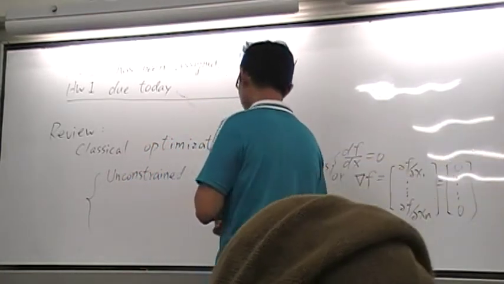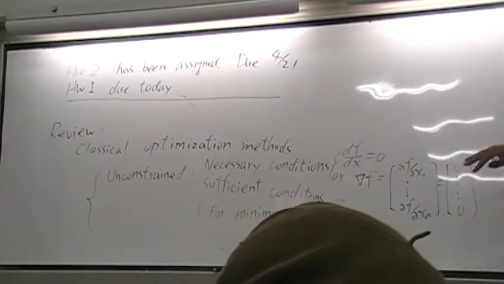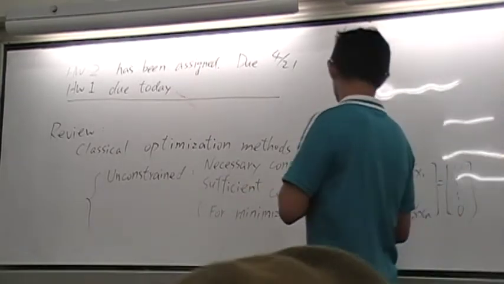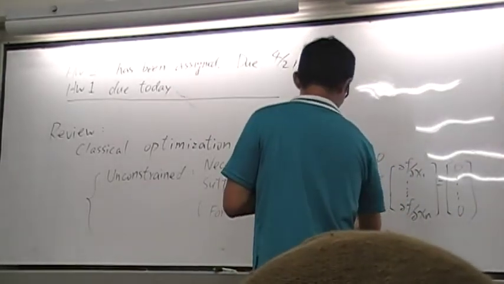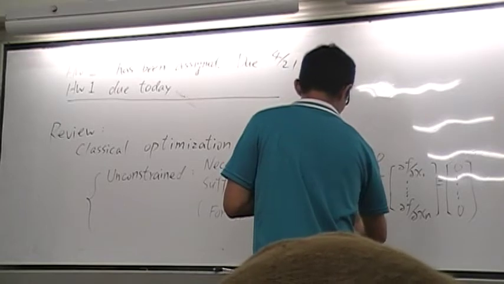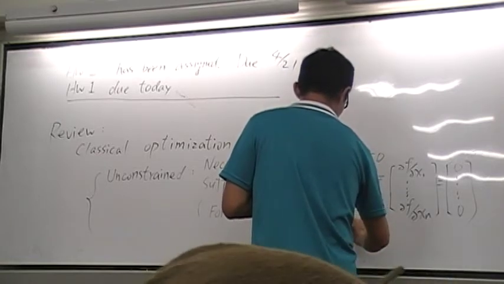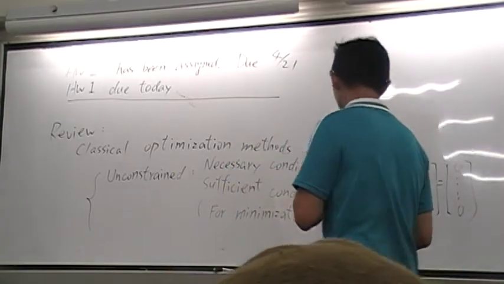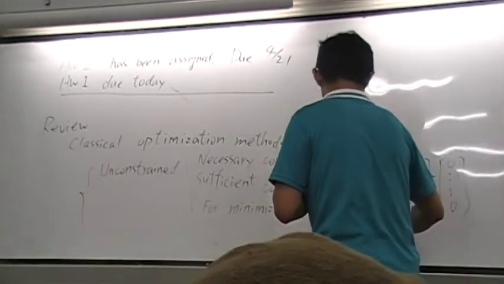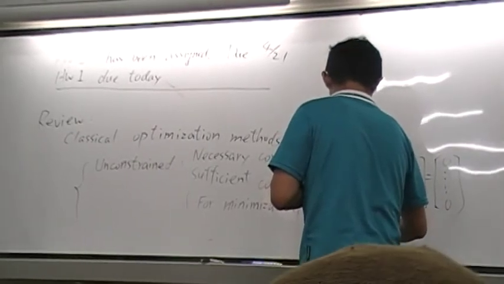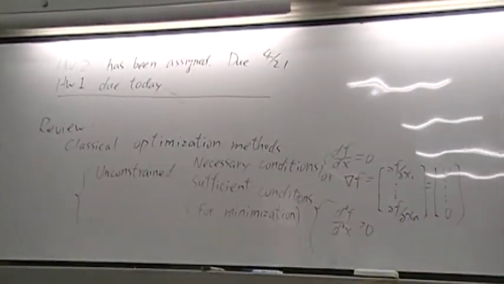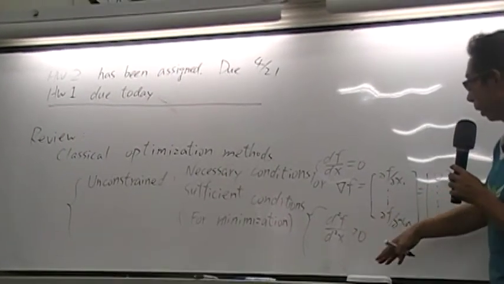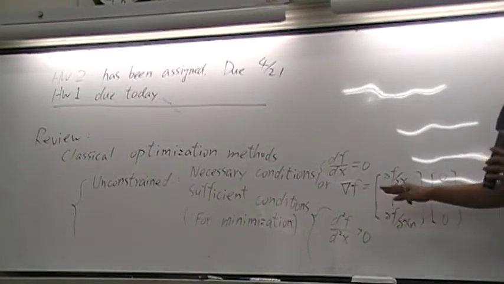And for maximization, it's very similar. I think you can just check the class notes or check the books. Okay. So, anyways, for the sufficient conditions, we have second order derivative being greater than 0. But actually, if the second order derivative is still 0, then you need to check the higher order derivatives, okay?